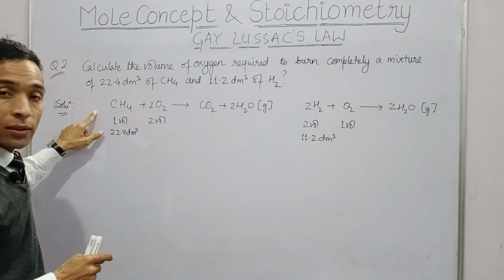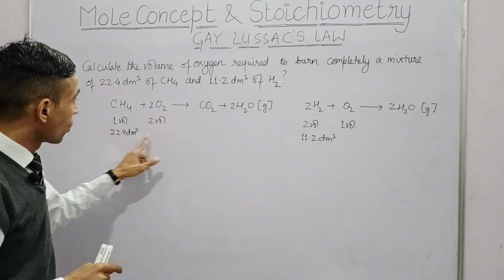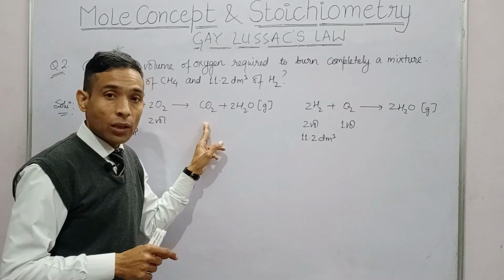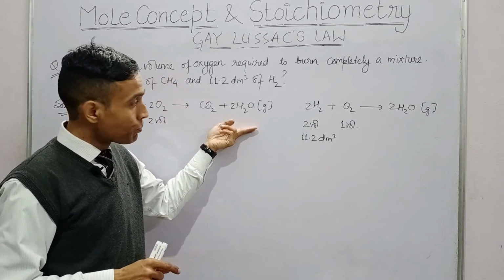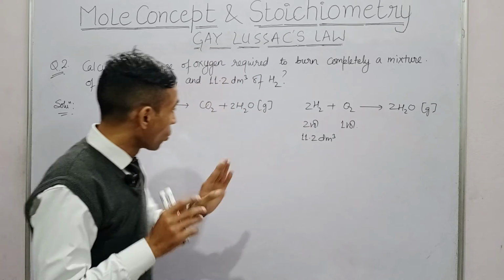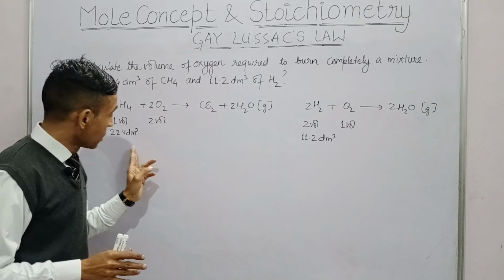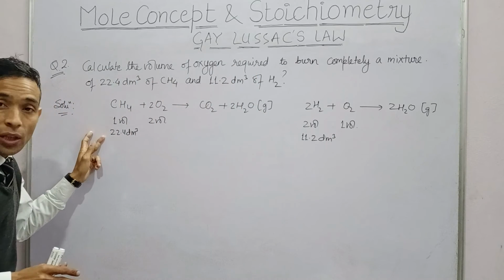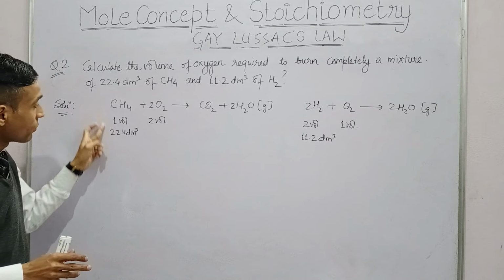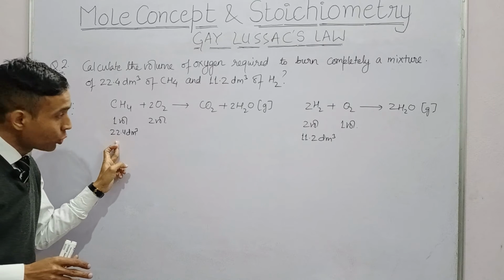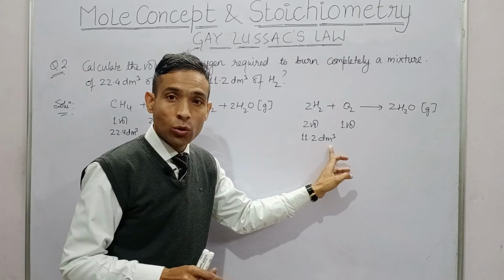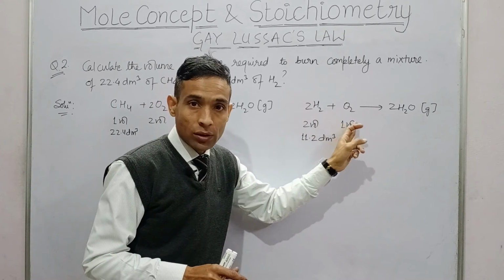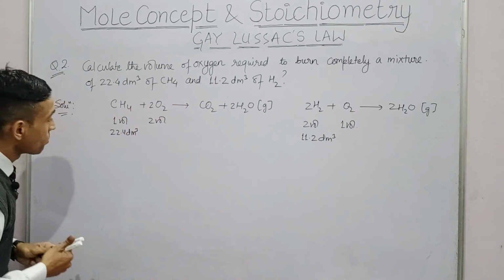I have already written the reactions here with the volumes. We will not find out anything about carbon dioxide, which is in gaseous form, and water, steam. Here also we will only focus on oxygen. Here the base values are also given. It is CH4 22.4 decimeter cube for methane and 11.2 decimeter cube for this hydrogen reaction. So let's apply the method.